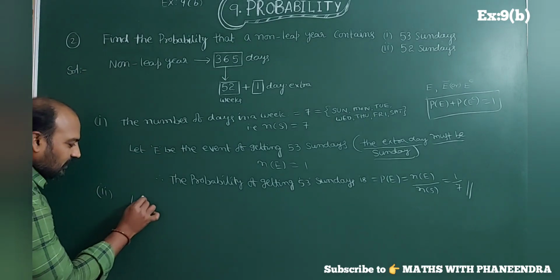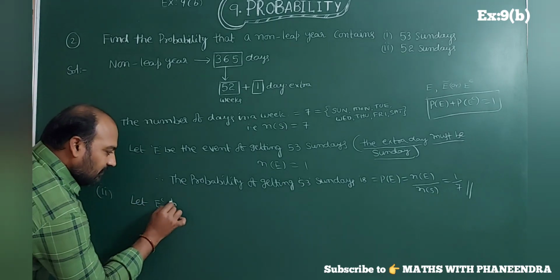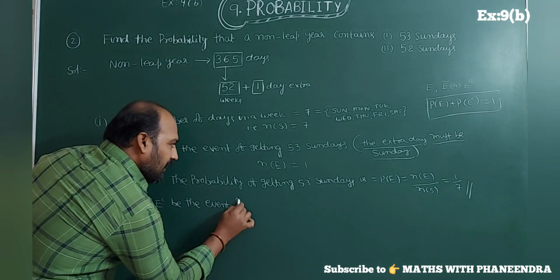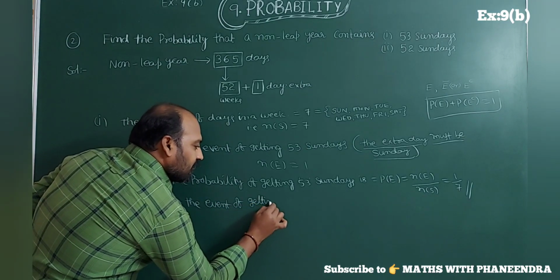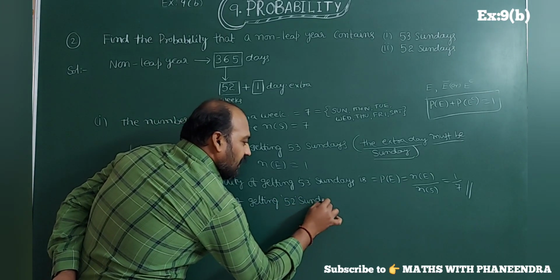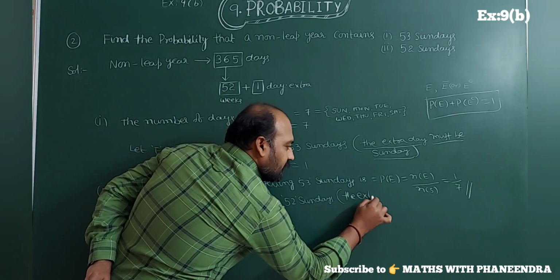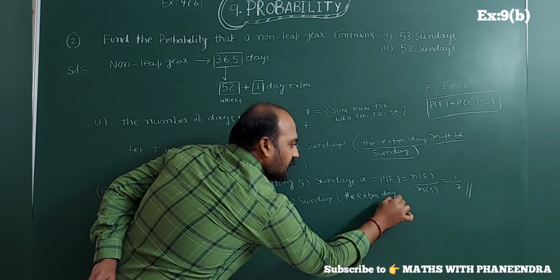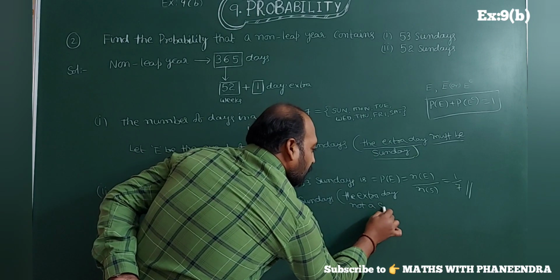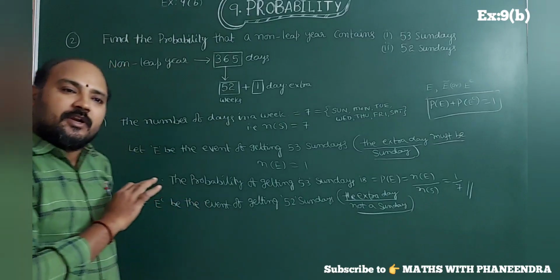Let E complement be the event of getting 52 Sundays. In brackets, you mention that the extra day is not a Sunday.